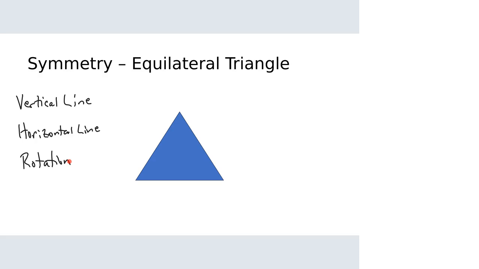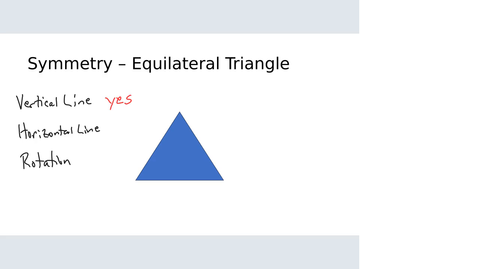So let's take a look at this equilateral triangle and see how this thing plays out. Vertical line symmetry looks like if I were to draw a vertical line right here, I could fold it, it would land directly on itself. So I would say, yes, this equilateral triangle does have vertical line symmetry. Now, if an equilateral triangle were drawn a different way, it might not. But this one does have vertical line symmetry.